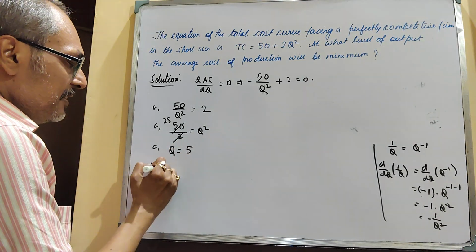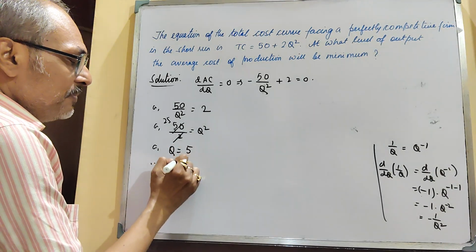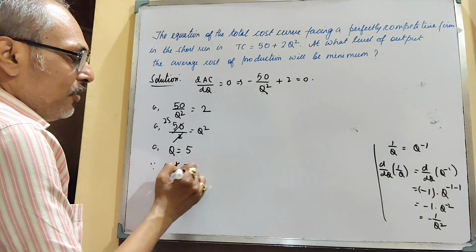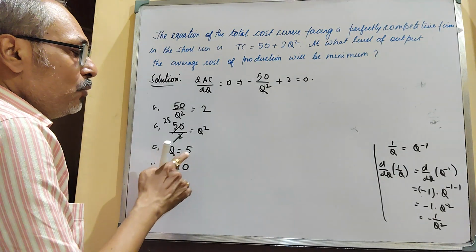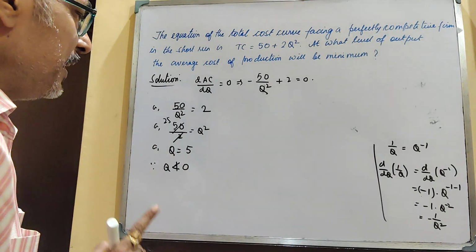Since Q cannot be 0 and Q cannot be a negative number, Q is 5.